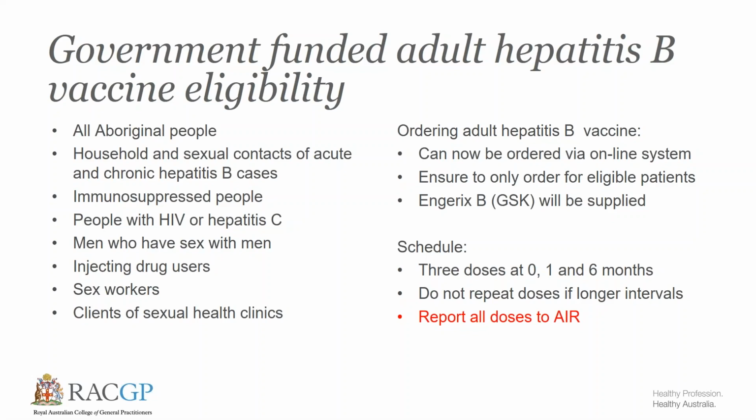And if it's still low, then complete that second course. And if it's still negative after that, then it's important to exclude chronic hepatitis B infection. That can be a cause of non-response. But after 2 courses, if they've still not responded by that stage and they don't have chronic infection, they're a non-responder and need to take precautions if they are exposed.